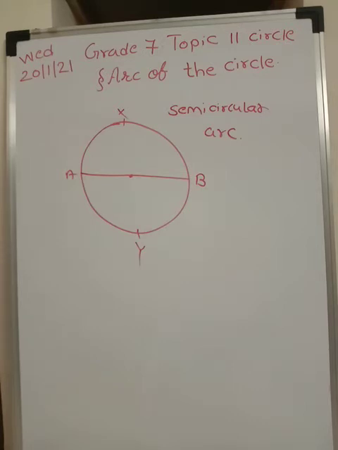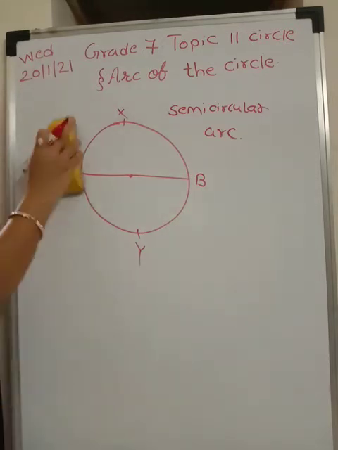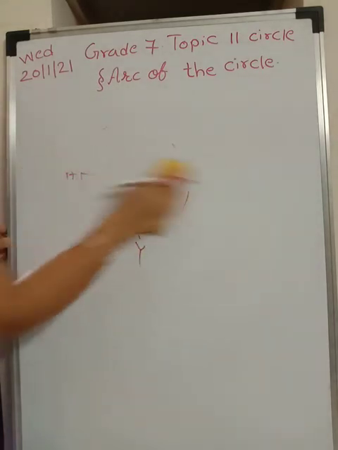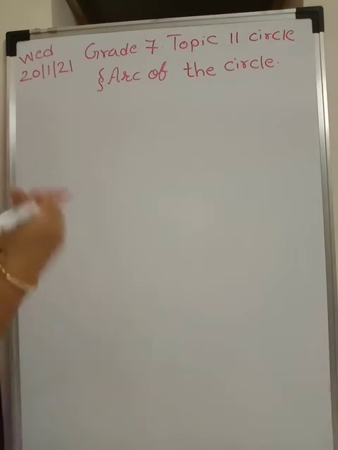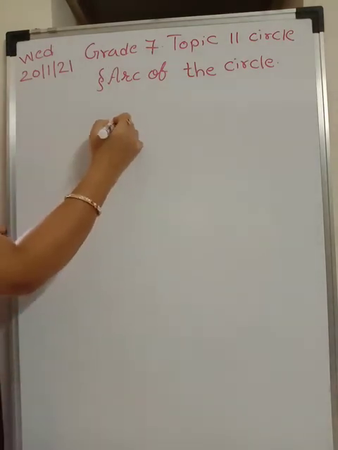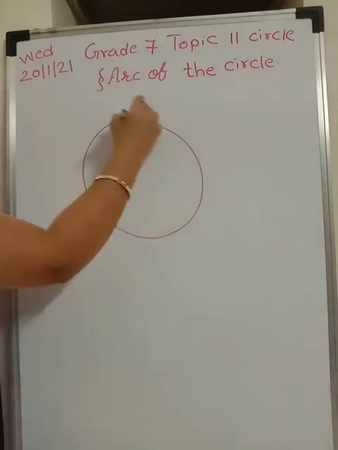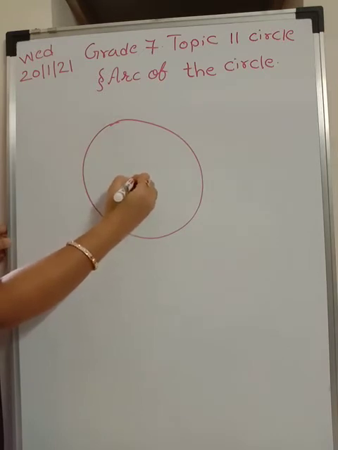Now let's go for another concept related to circle, the central angle. I hope you are understanding what we are learning over here. For example, if this is a circle again, and this is the center of the circle.